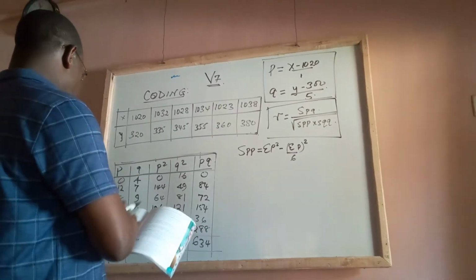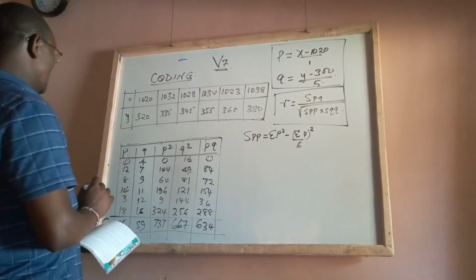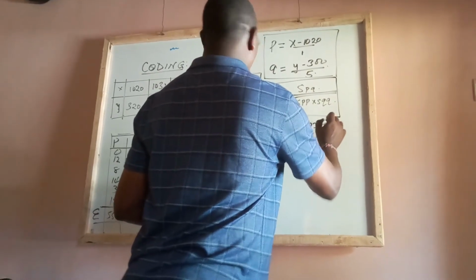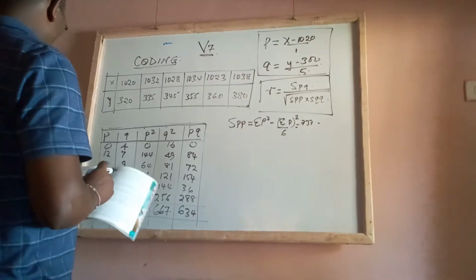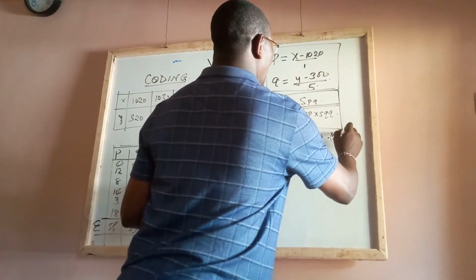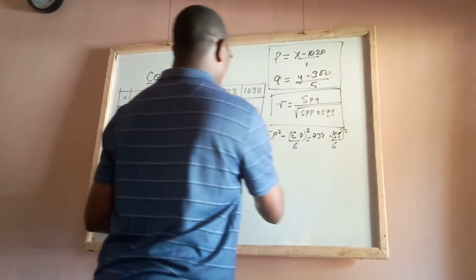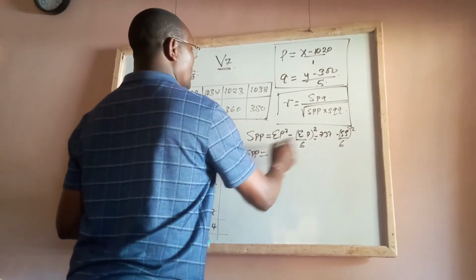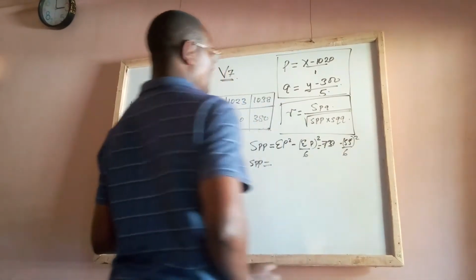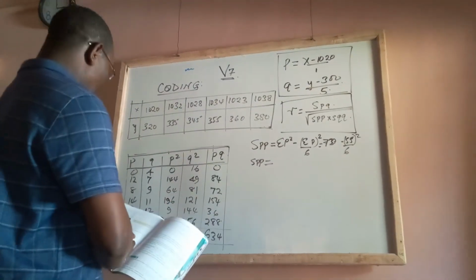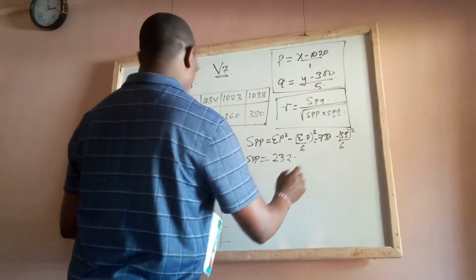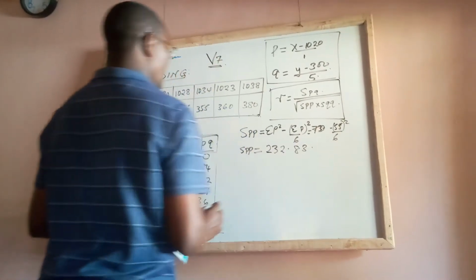And sigma P squared is 737, minus sigma P, which is 55, squared over 6. And this gives us SPP. If you evaluate all these using the calculator, 737 minus 55 squared over 6 is going to give us 232.83.